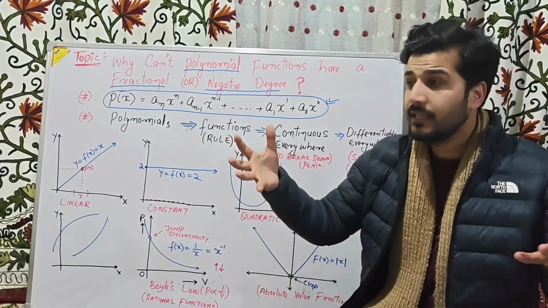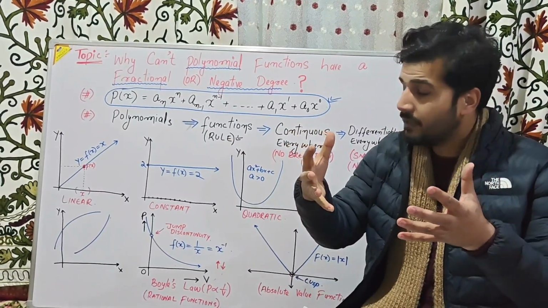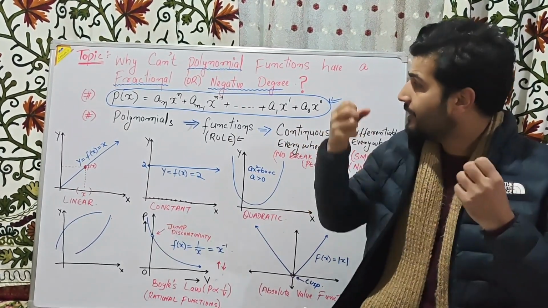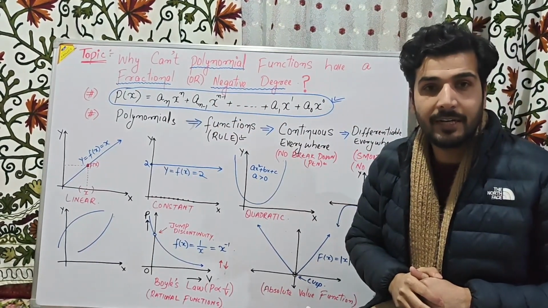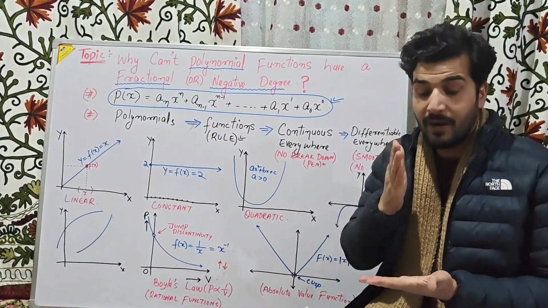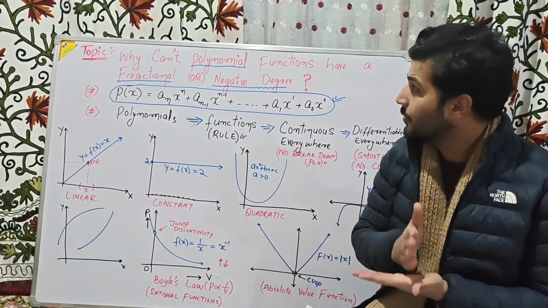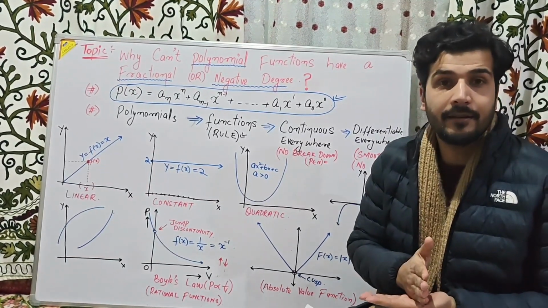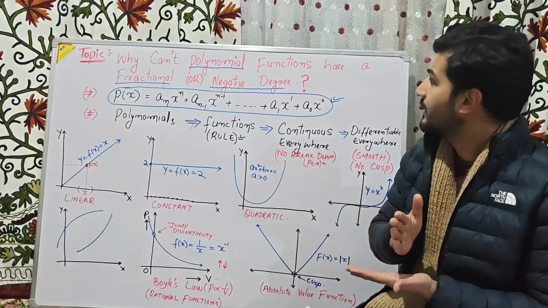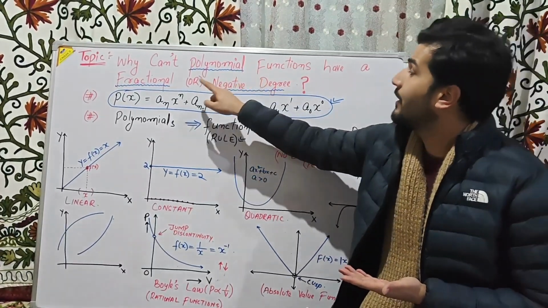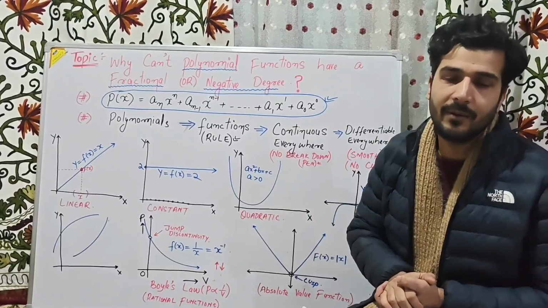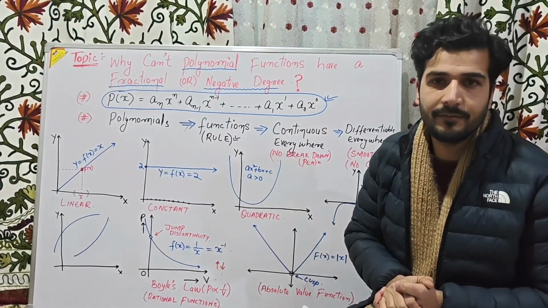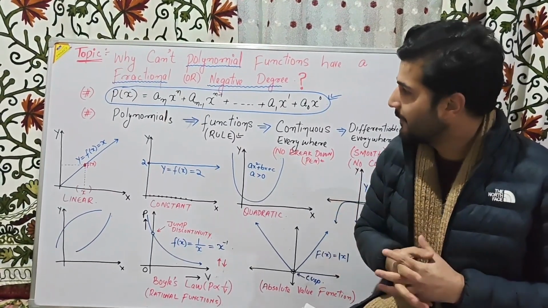So all the polynomials can be generated from this general form of the polynomial function, right? But our task is to prove why the degree of a polynomial function can't be a fractional number or a negative number. This is what I am to prove today.